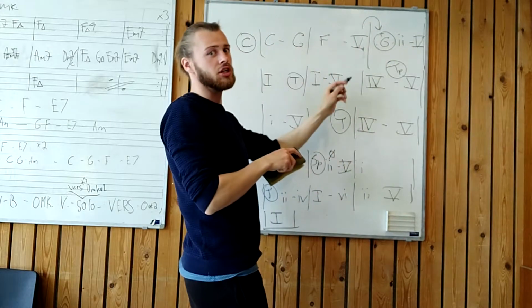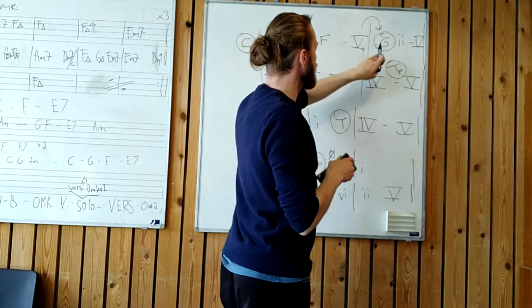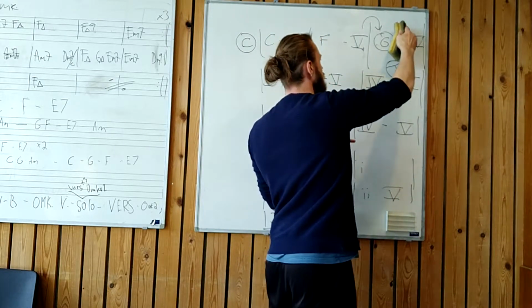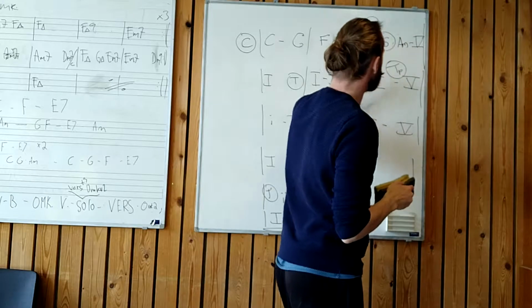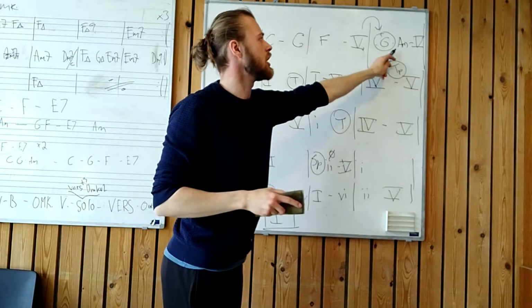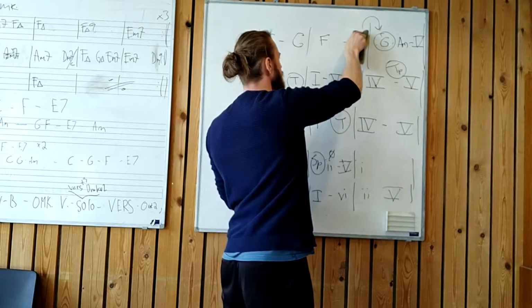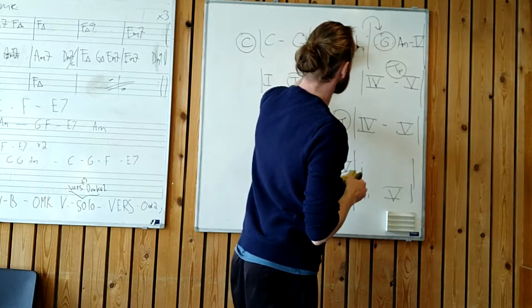is the key of G. And the 2 of G would be an A minor. And the 5 of the A minor would then be an E7.